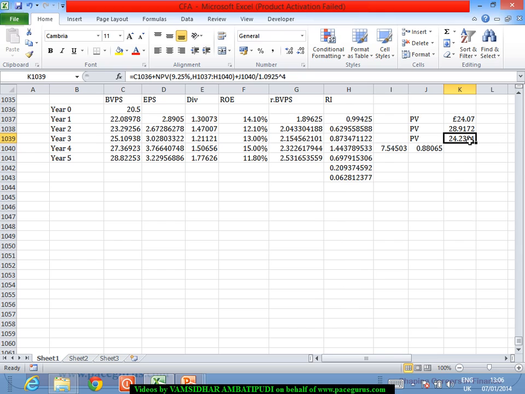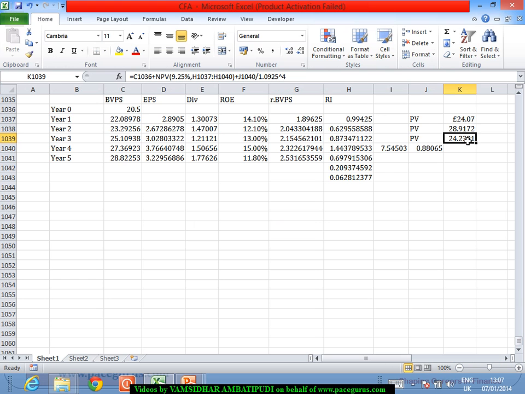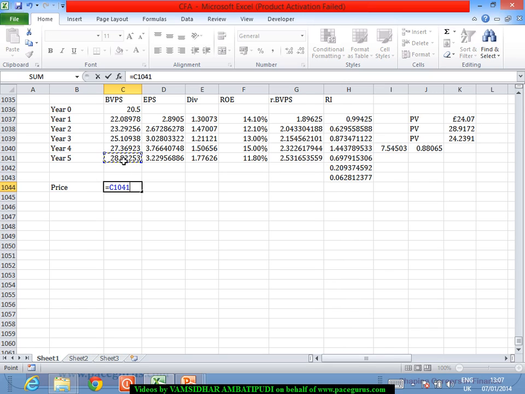And then the 4th scenario: assume that the price at the end of the 5th year is 30% more than the book value. At the end of the 5th year, the book value is around 28.82. So I am assuming that the price at the end of the 5th year is going to be 30% more, going to 37.46.